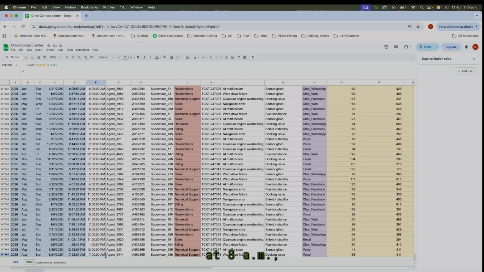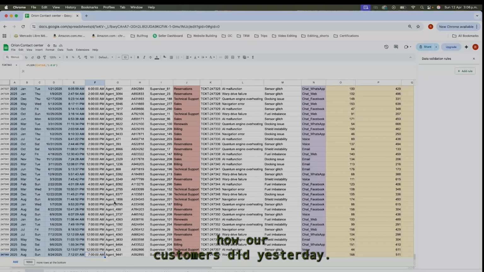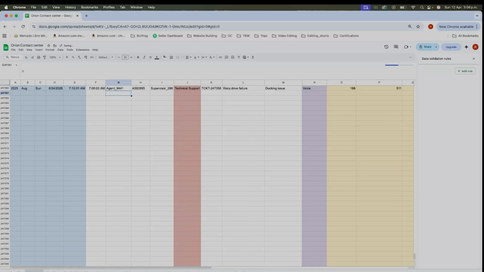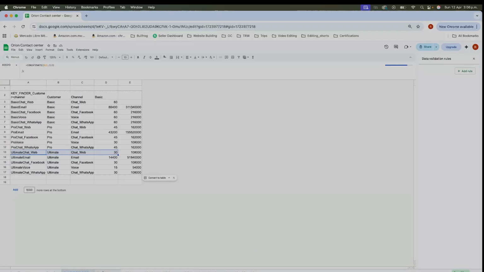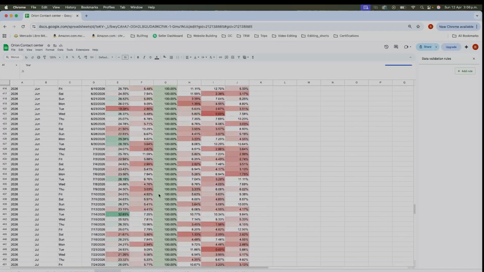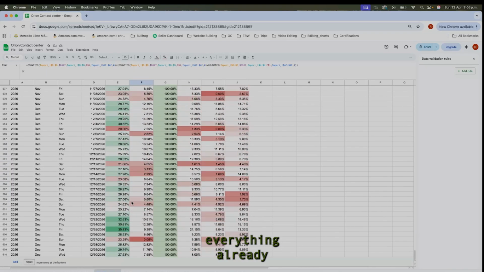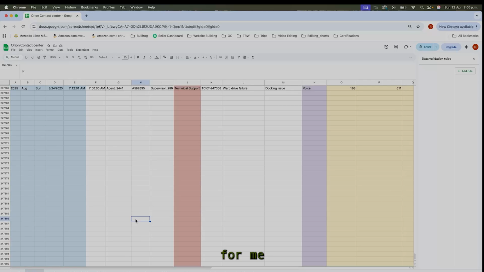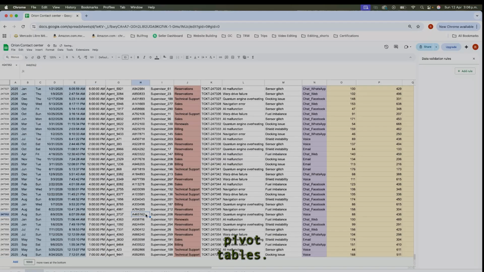For example, tomorrow at 8 a.m., I have to update how our customers did yesterday. So I often have to add new rows here and paste new ticket information and see what our service level was for yesterday by channel. So I have everything already set up, but I need to continuously add new information. So that's why in this case, for me, it is inefficient to use pivot tables.